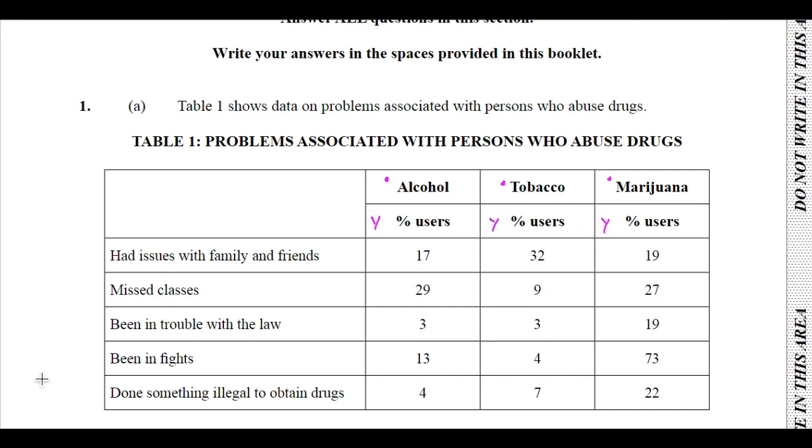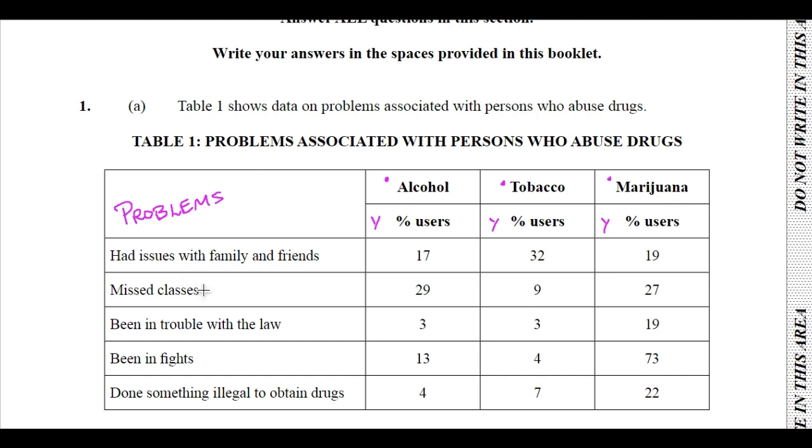And on the leftmost column, you basically have the problems. I didn't label it, but basically that's what it is. This column is the problems. And we have about 1, 2, 3, 4, 5 problems. We have issues with family and friends, missed classes, in trouble with the law, been in fights, done something illegal.